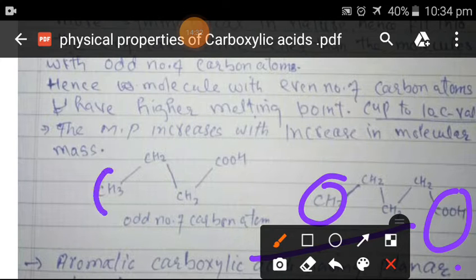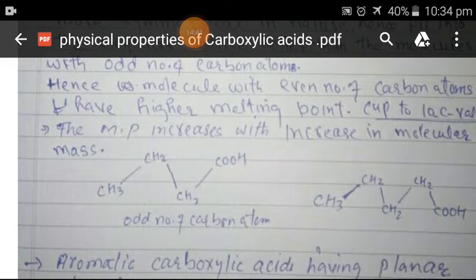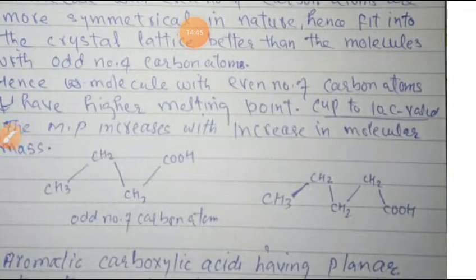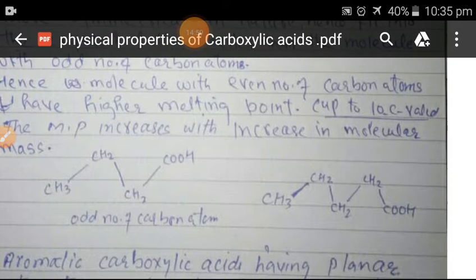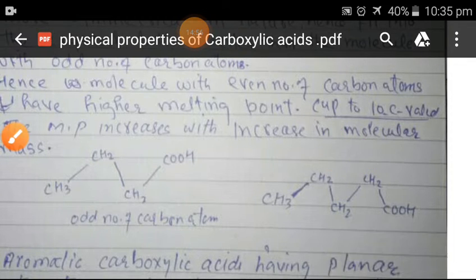So they are trans, they are opposite, and cis, they are on the same side. Clear? When they are on opposite sides, they have a higher melting point, but when they are on the same side, they have a lower melting point. Clear?